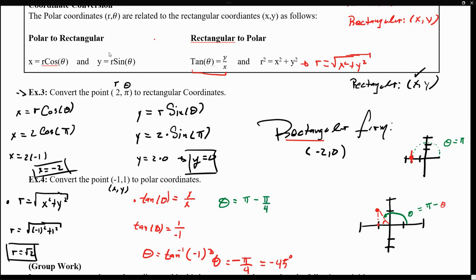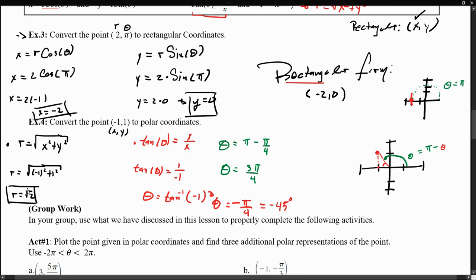Because a pi is this whole thing, from the positive x coordinate to the negative x coordinate, that's a full pi. So I want to take away this much in order to get the green distance. So I'm going to end up with a value of 3 pi over 4. So now I have enough information.